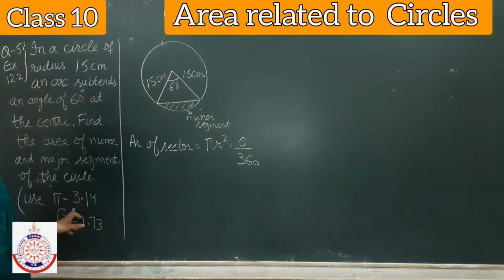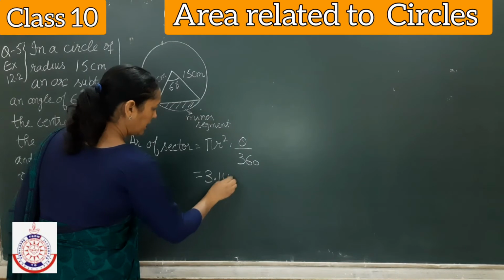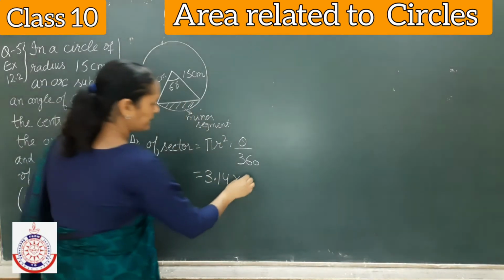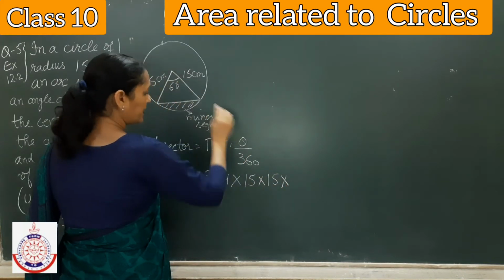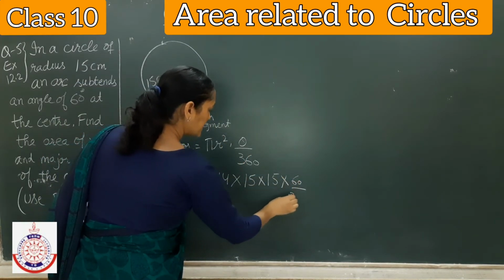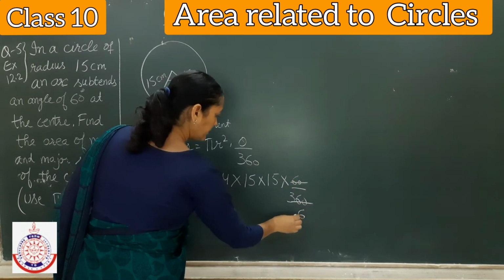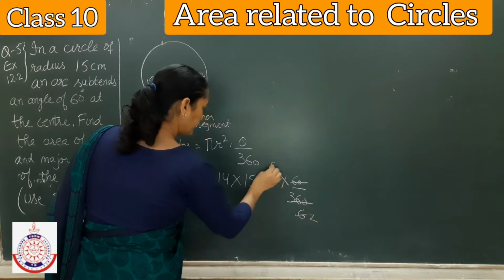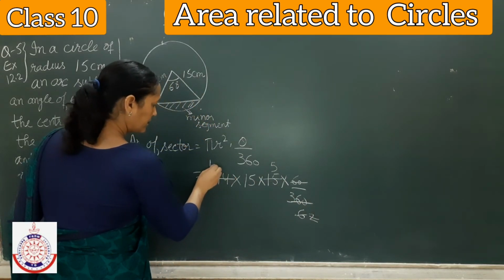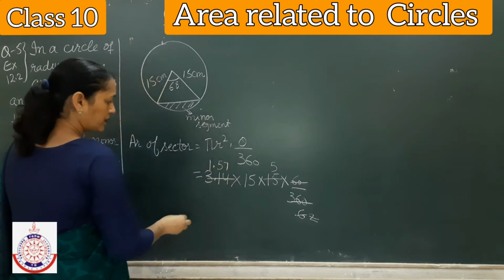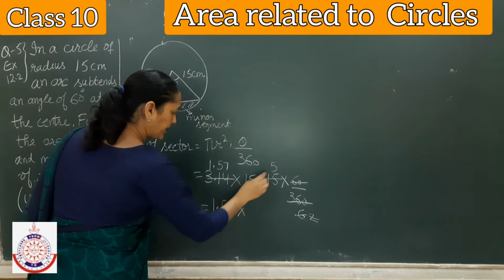Pi again they have given 3.14. R is 15 into 15. Theta is 60 degree. 60 upon 360. So we have obtained 1.57 into 15 5 is 75.